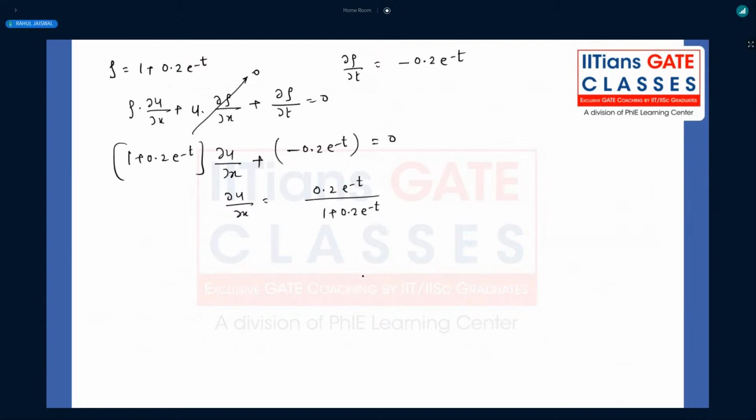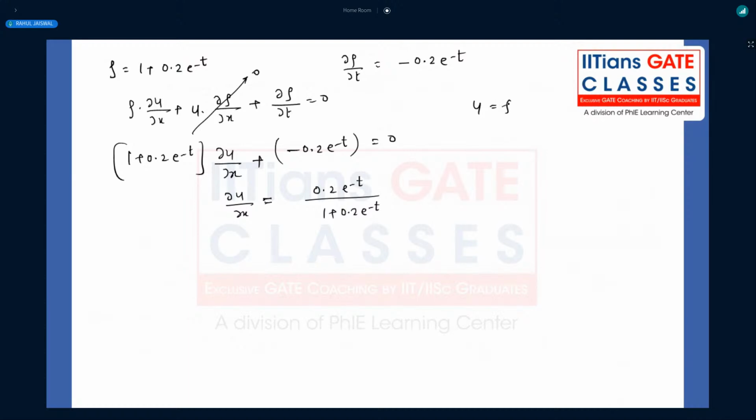So here if you do the integration of partial differentiation, remember that the constant term will not be added just like in a direct full integration. Here we will be adding some function.